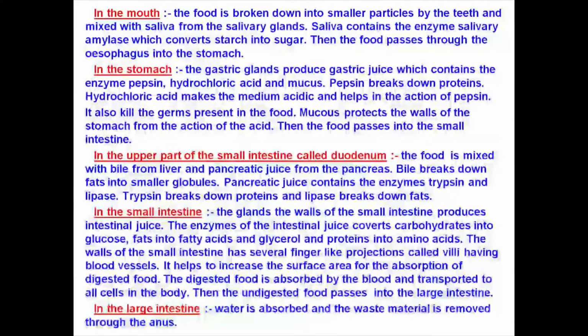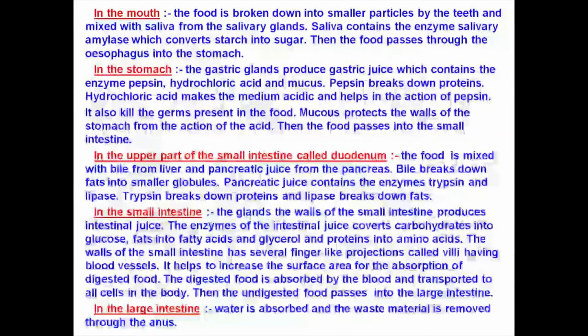The walls of the small intestine have several finger-like projections called villi, which have a rich network of blood vessels. It helps to increase the surface area for the absorption of digested food. The digested food is absorbed by the blood and transported to all cells in the body.